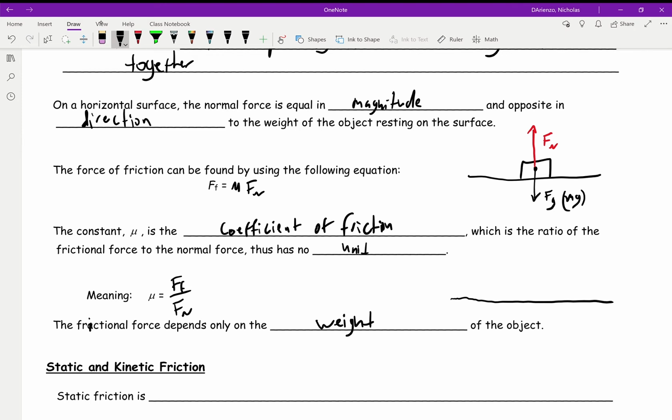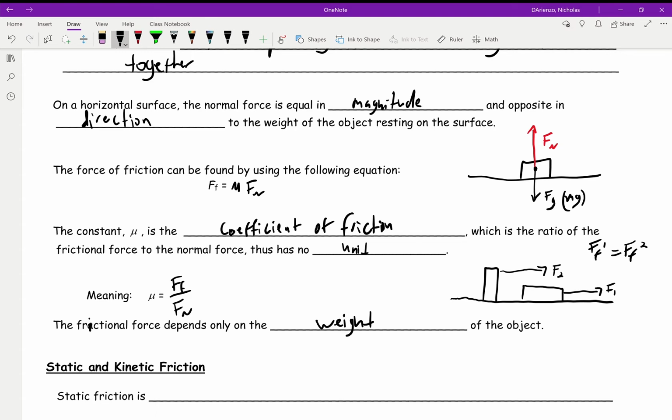So if we think of two blocks of equal size, one standing on end and one laying on its side here, if these are being pulled in the same direction, the frictional force of block 1 would equal the frictional force of block 2.